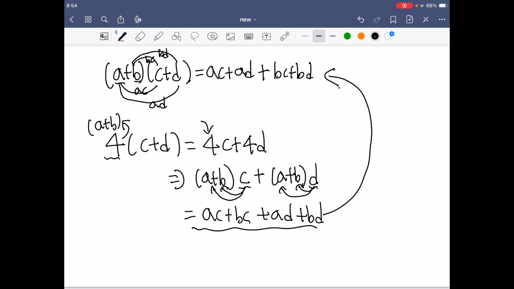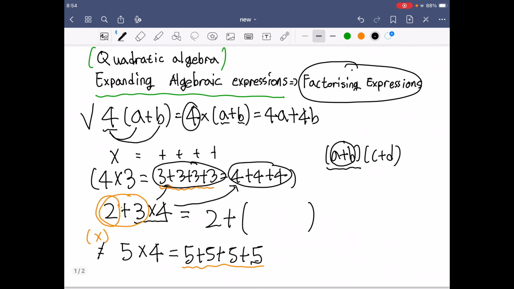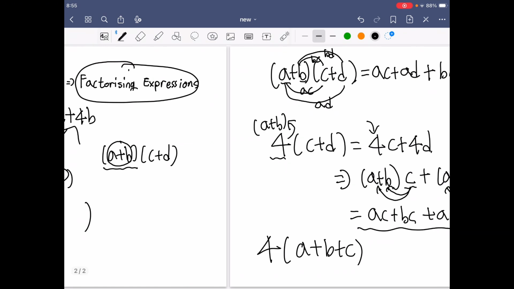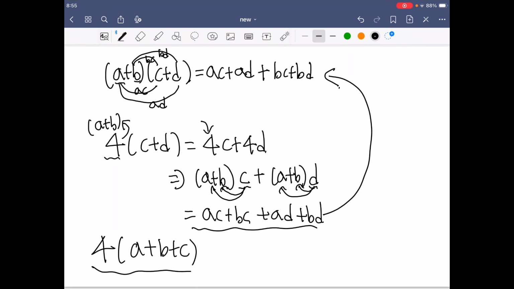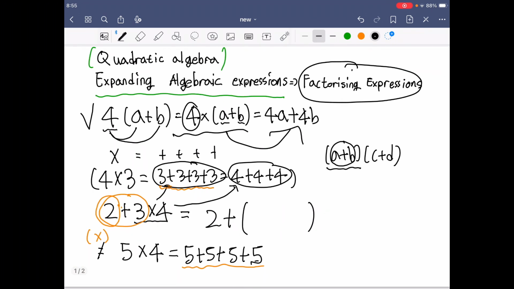Then what about this one? 4 and then A plus B plus C. If you know why this becomes this one, then obviously this one is also A plus B plus C, and we have 4 of them. That means we have 4 A's, 4 B's, and 4 C's. That's why it's 4A plus 4B plus 4C. Yep, I think that's about it for reviewing expanding algebraic expressions.